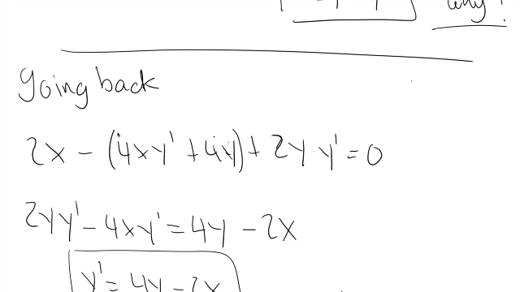As you guys can see, I simply removed these brackets because everything was an addition or a subtraction, and then I kept 2y prime at the beginning, negative 4xy prime, and then on the other side I took the positive 2x to the other side, and that's your negative 2x.